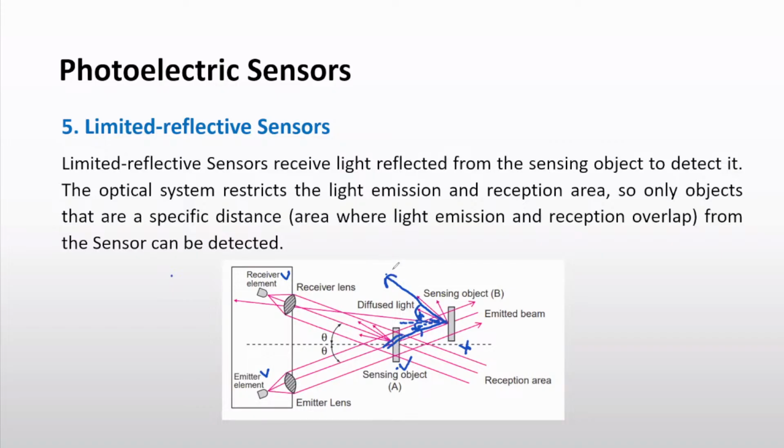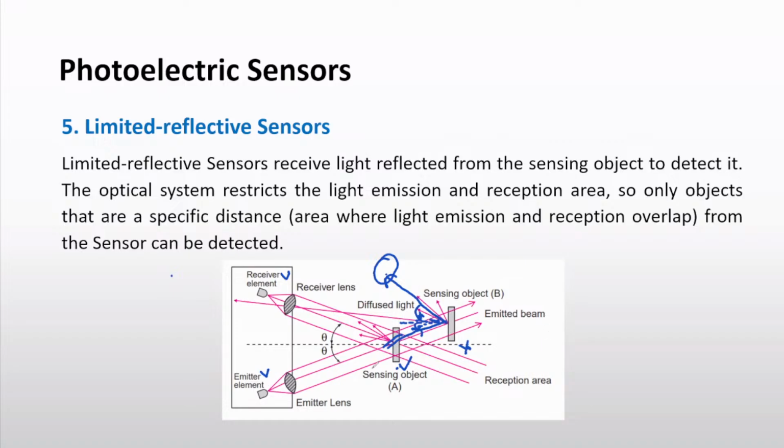So therefore, although the emitted light hits this object and is reflected, this receiver does not receive that light. So that means by this limited reflective sensor we can detect the objects which are at a specific distance.